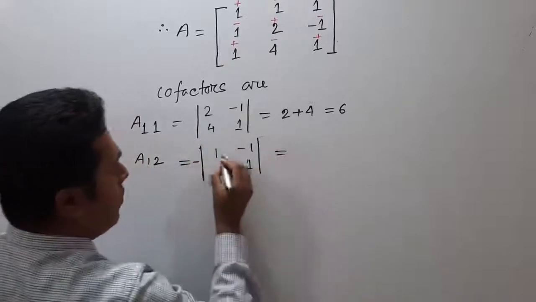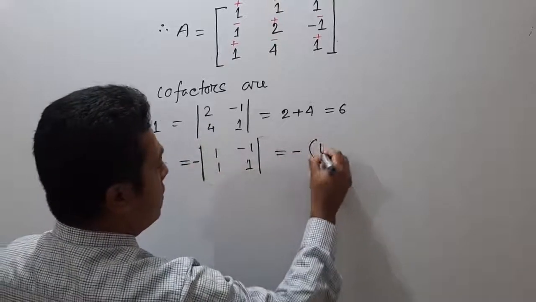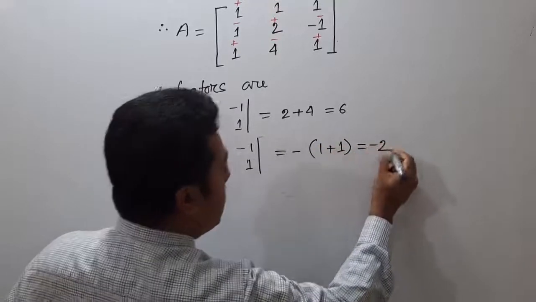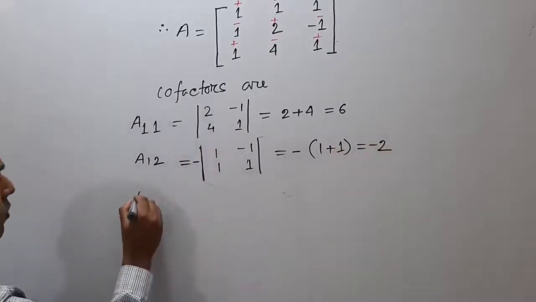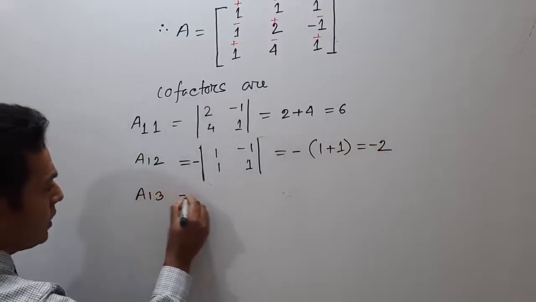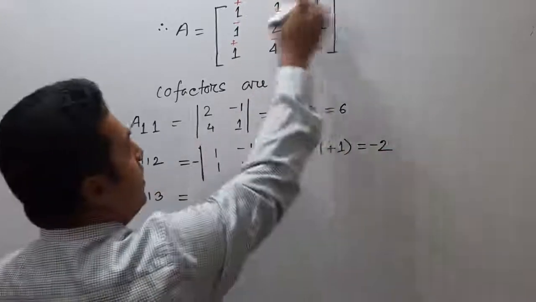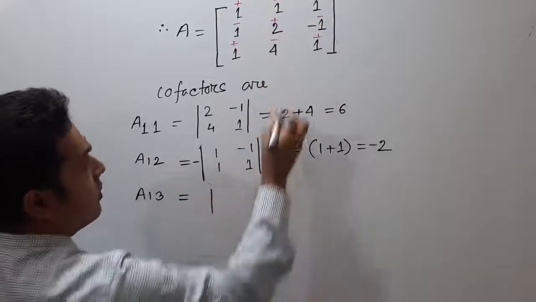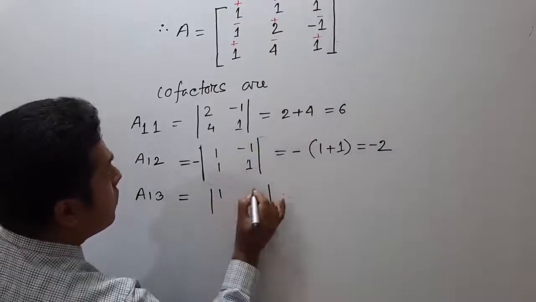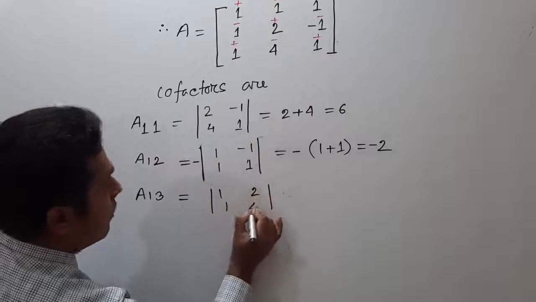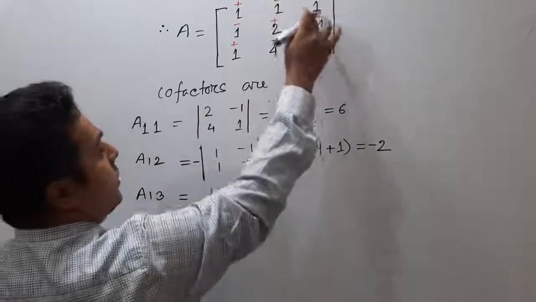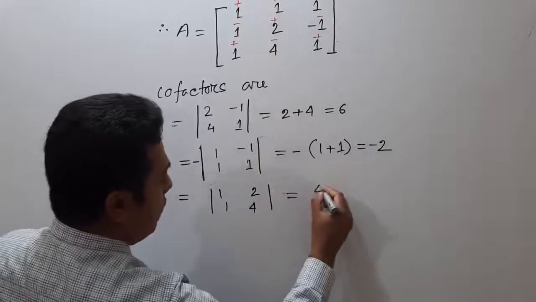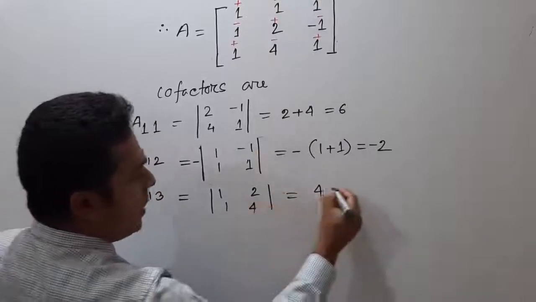So here 1 plus 1 is equal to minus 2. And 1 3, ignore row and column, the sign is plus.